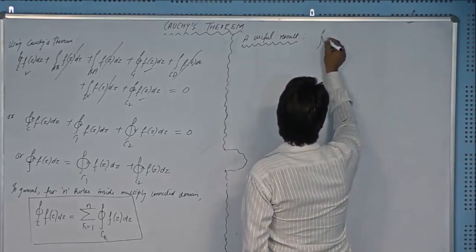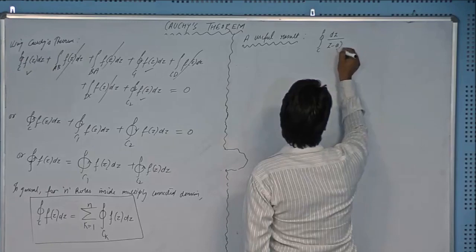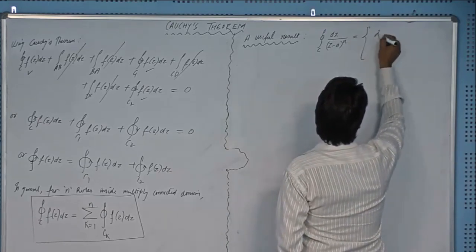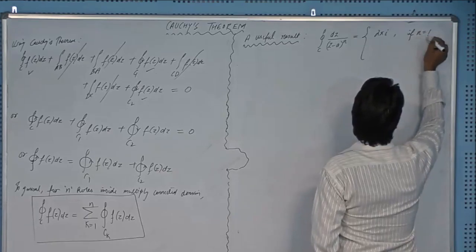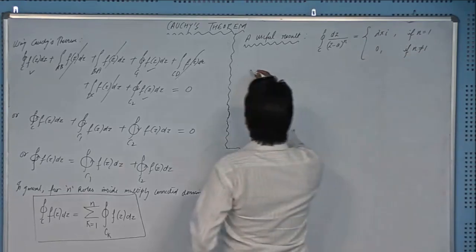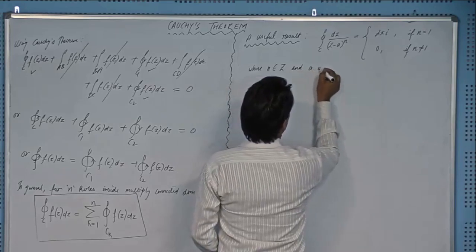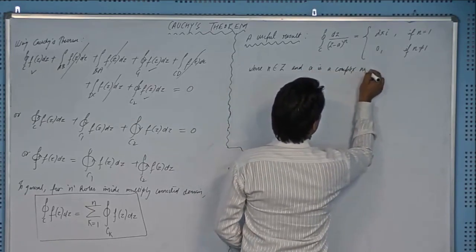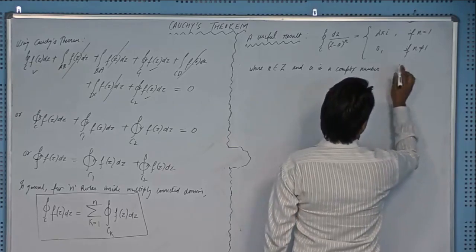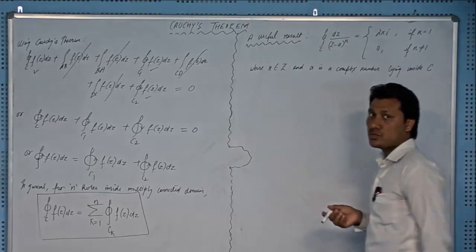And the result is: the closed integral along closed curve C of dz over (z minus a) to the power n equals 2 pi i if n is equal to 1, and 0 if n is not equal to 1, where n is an integer and a is a complex number lying inside contour C. C is a closed curve.